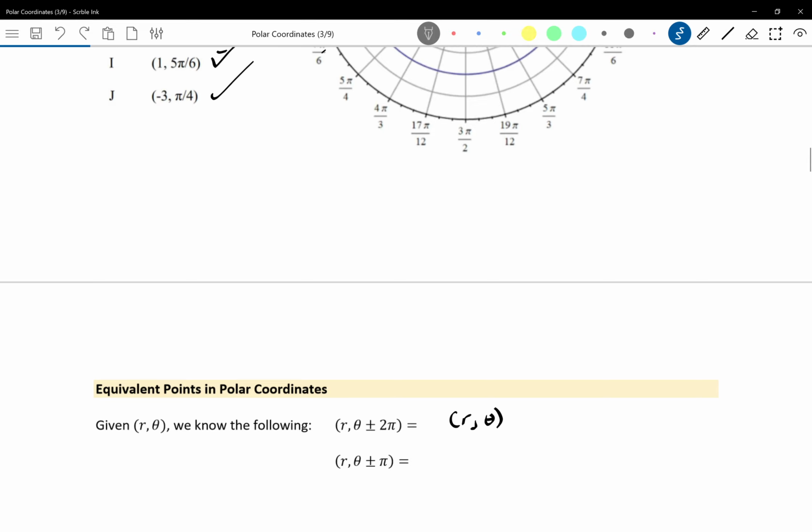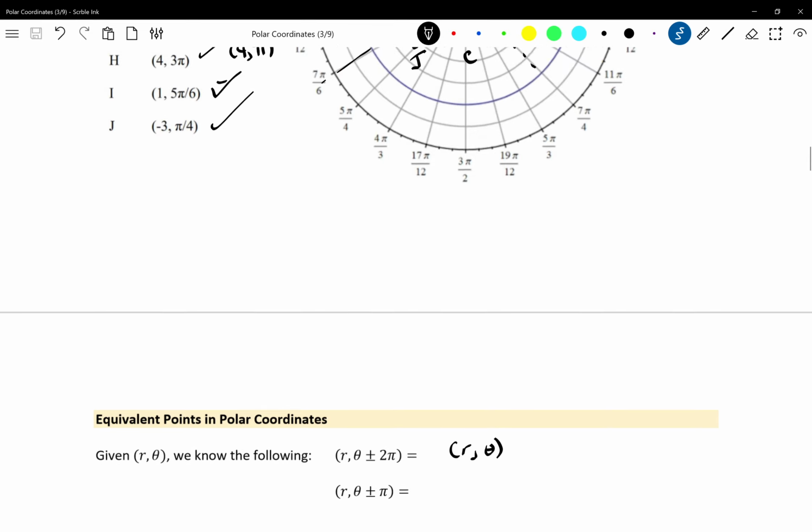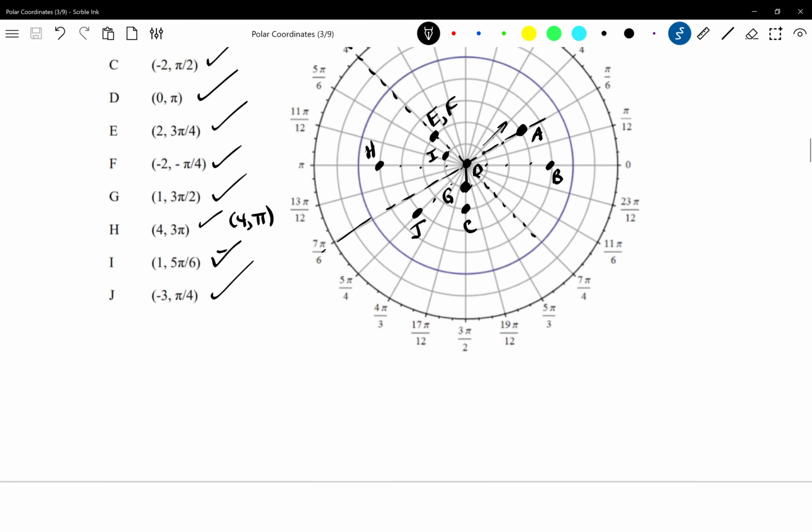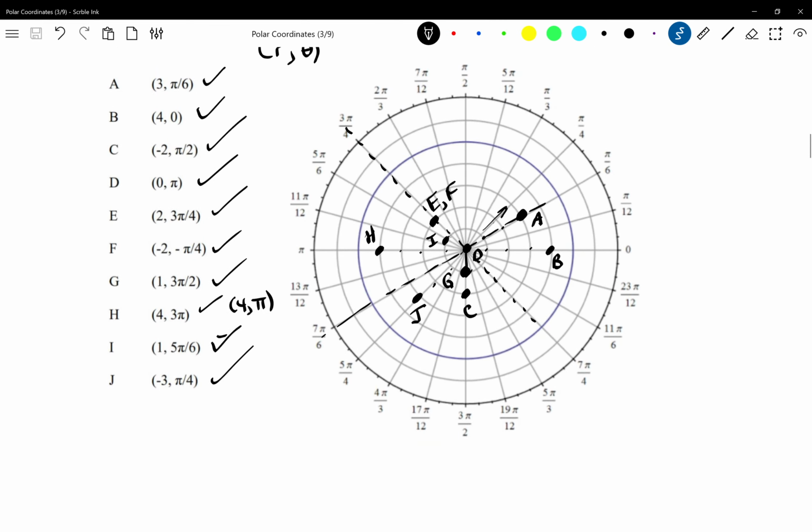Now looking at r comma theta plus or minus pi, let's see what happens here. Looking at points E and F, notice that those angles are pi units apart and the r's ended up being opposites of each other. So what that tells me is if I incline pi units, and again, I'm going to pick on point A here, that would mean I land right about here.